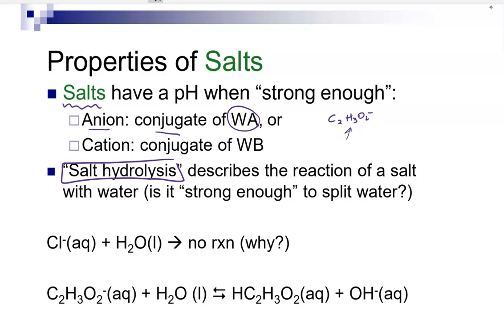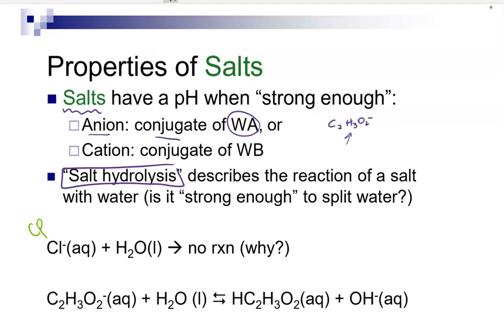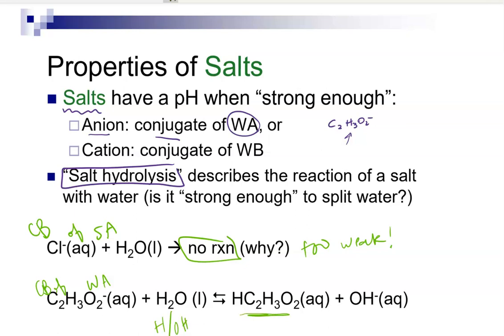So when you have the conjugate base of a strong acid, it will not split water because it's too weak. It's super, super weak. It cannot split water. But when you have the conjugate base of a weak acid, then it will take the H plus off of the water and recreate the acid molecule, which, remember, can stick around because it's a weak acid.